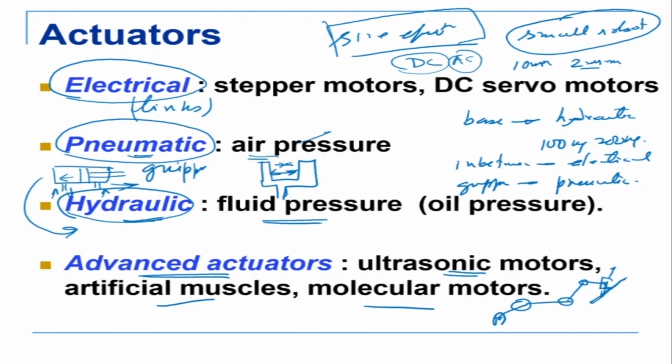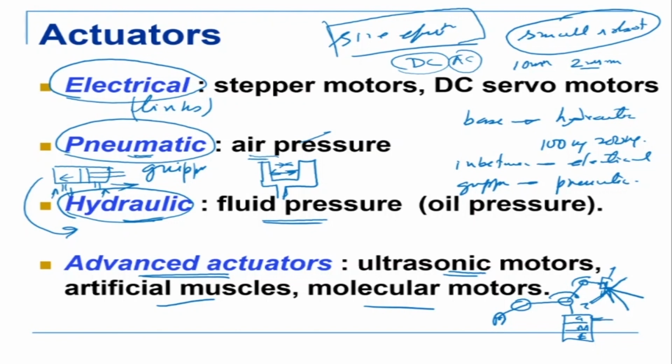Because of this, grippers in robots are very often pneumatic because they just open and close, whereas the in-between joints are electrical. So for example, here I talked about the independent joint control: motor, encoder, gear. Suppose the robot hits, what will happen? The force will come here, and the force will be transmitted onto a torque at every joint. Because there is a gearbox here, it is not back drivable, so the joint will not rotate backwards.